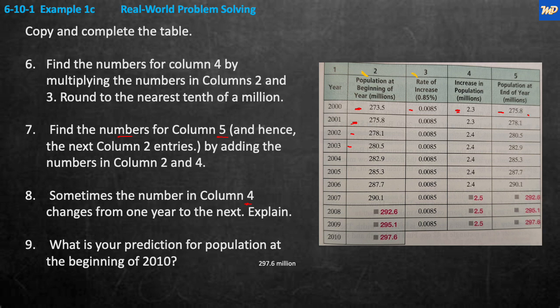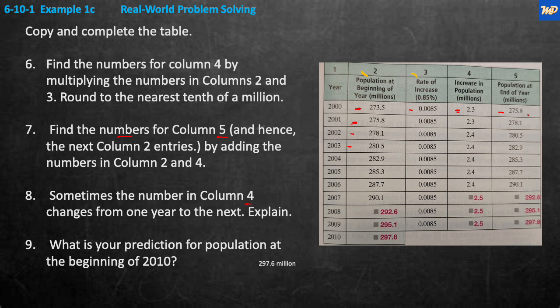Well, you multiply by that 0.0085 again on a number that's almost the same size, and you can get 2.3. But eventually, this number here in column 2 is getting larger, and each year it gets a little bit larger, a little bit larger, a little bit larger, and every time you multiply by 0.0085, that number there can maybe get larger.